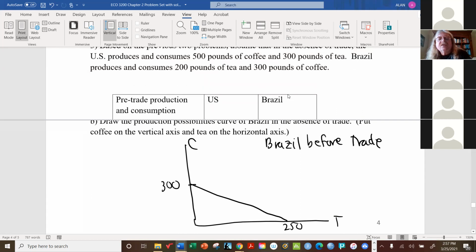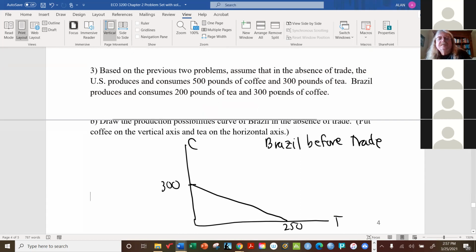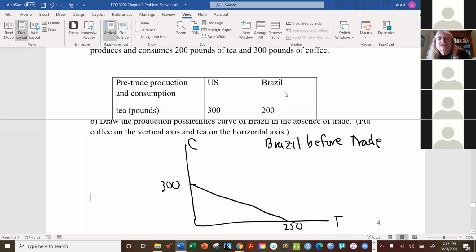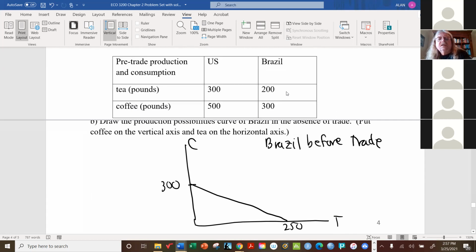So we'll have to make a change here. Sorry about that. Let's say that Brazil decides to go with 200 of each. That should be fine.